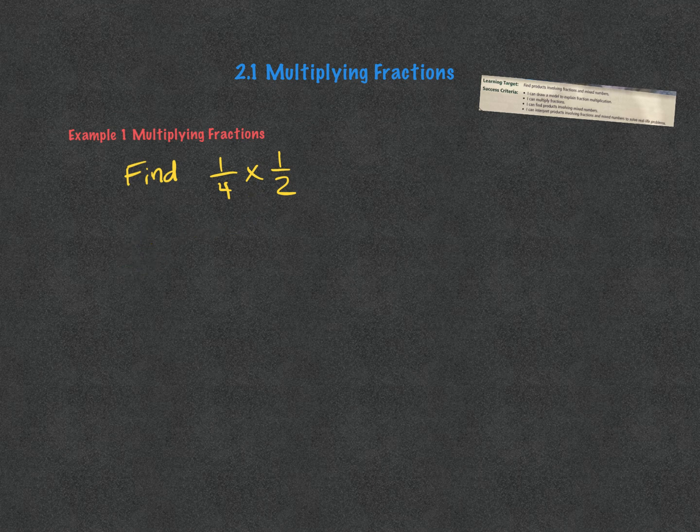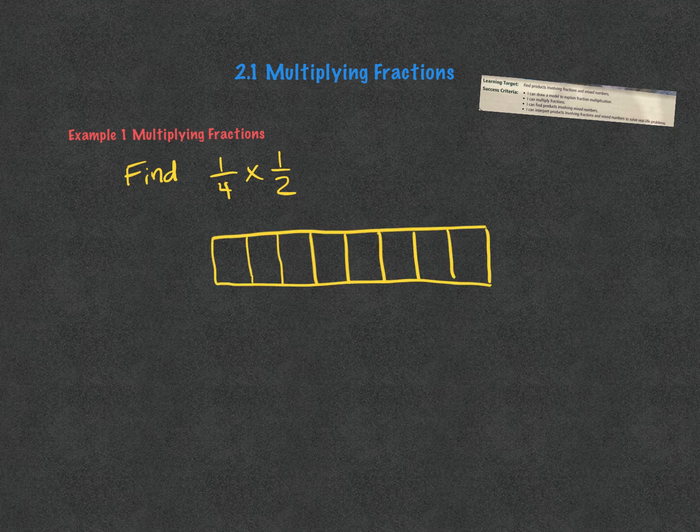We're going to use a tape diagram to fill out what this means and how we can multiply these fractions together. So I want you to draw this out for me. What I've done is I've made a whole. This whole tape is a whole. If I look at it, I've got 1, 2, 3, 4, 5, 6, 7, 8.